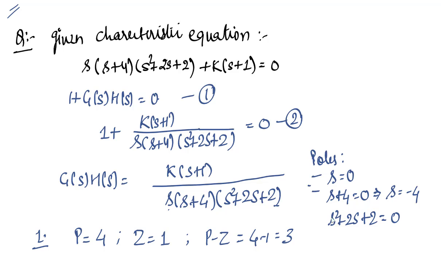So if we use the Sridharacharya method we will get s is equal to minus 1 plus minus j1, that means we have two complex poles, right? Similarly we will have zeros at s is equal to minus 1, right?